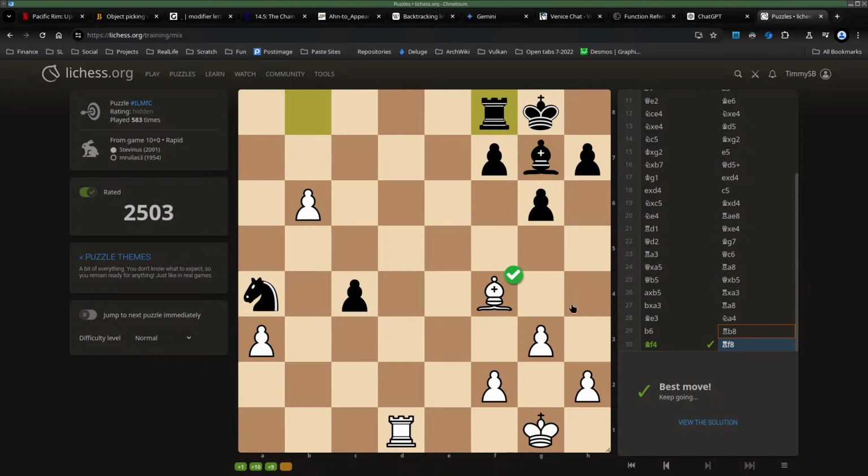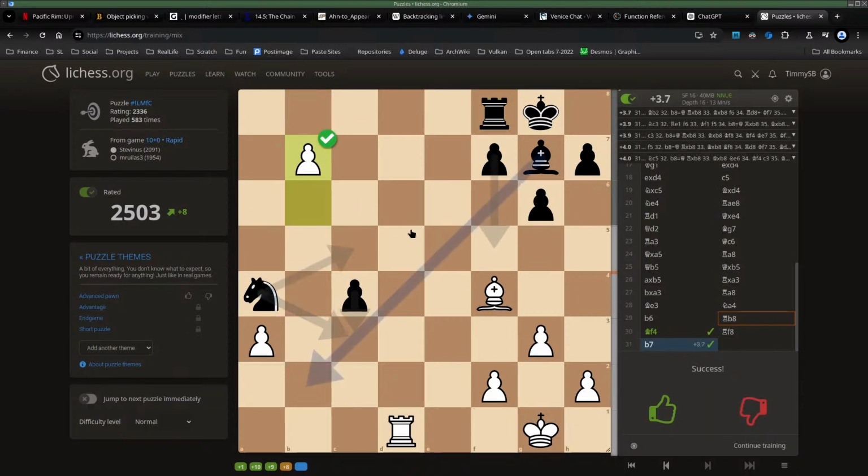Well, wherever this guy went, I think I can next simply push my pawn. I mean, if I don't, then he might take it. And that is it. Yeah, that's boring.